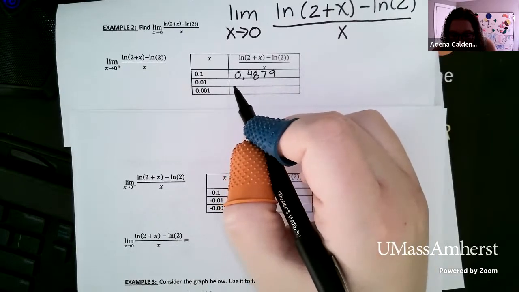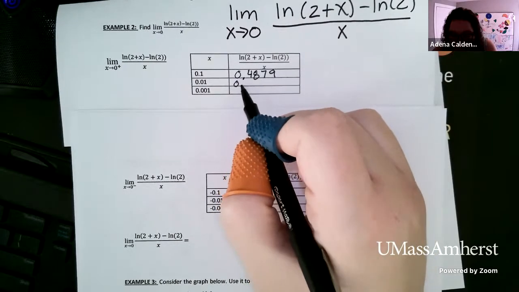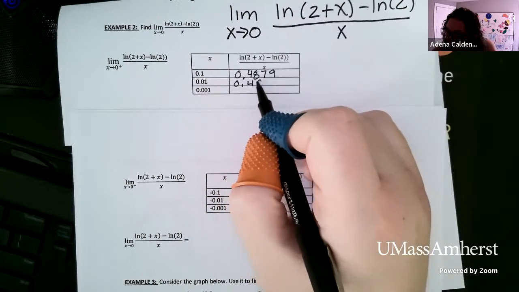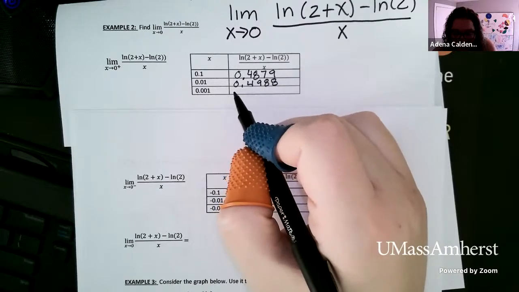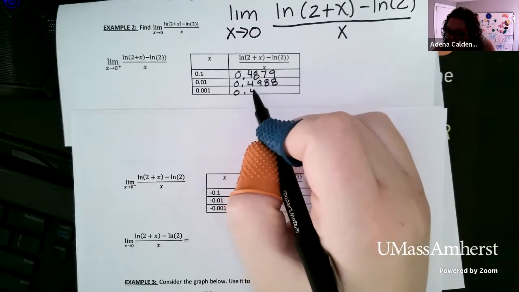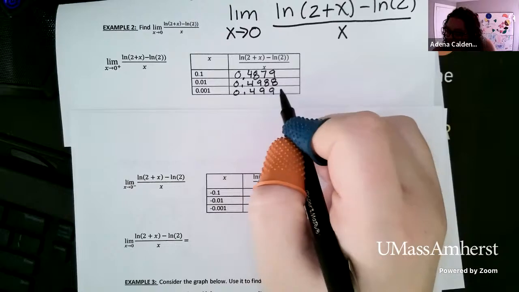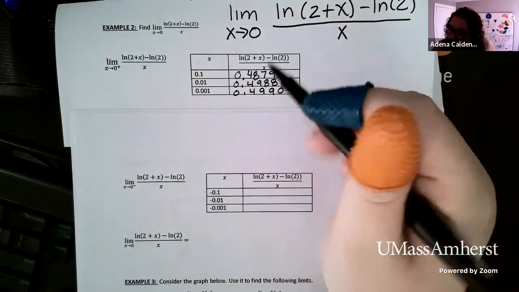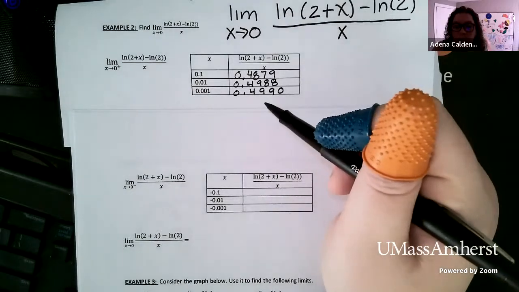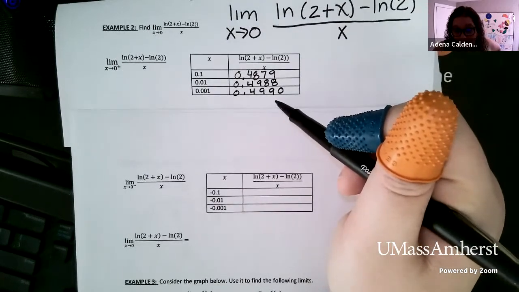For 0.01, I got 0.4988. And for the last one, I got 0.4990. Okay, so what I notice here is that these are getting closer and closer to 0.5.